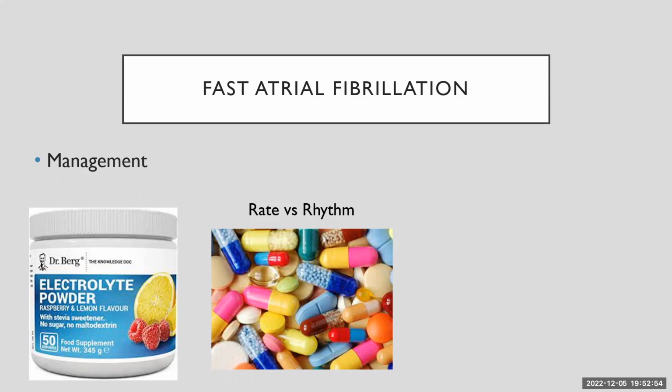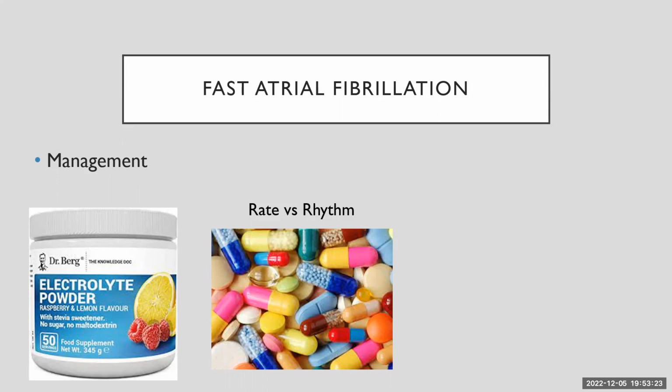There are many surgeons who feel that there's no point in trying to cardiovert them into sinus rhythm by giving anti-dysrhythmic medication, and that the focus should be on controlling the rate, and that inevitably, in time, the heart will just go back into sinus rhythm at some point. So these surgeons may consider the use of things like digoxin to reduce the heart rate.